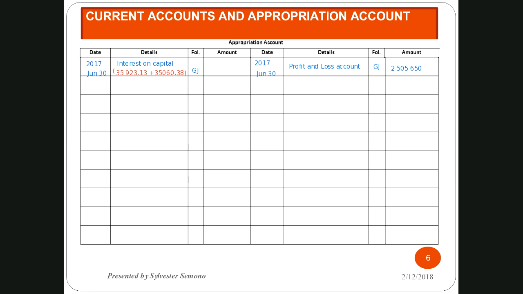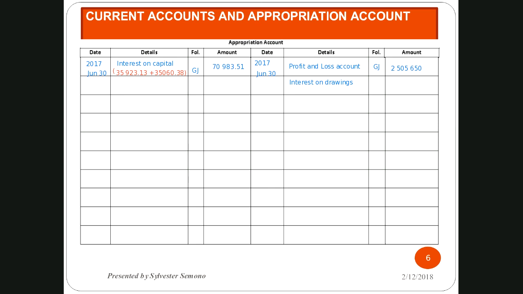The interest on drawings, remember I said these interests are given to the business by the partners. So instead of putting them on the debit side, you must put them on the credit side, because the business is benefiting from the interest on drawings. And again, we need to go and add those two interest on drawings which we calculated.